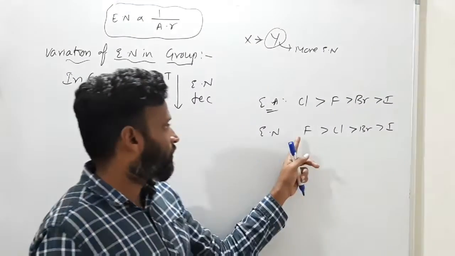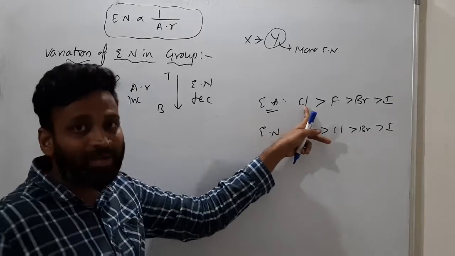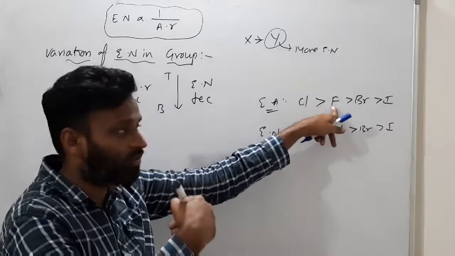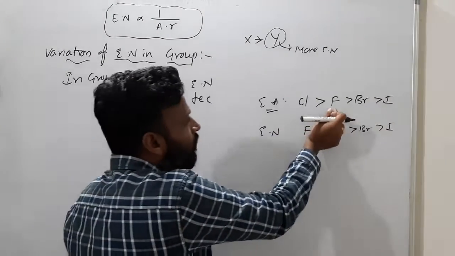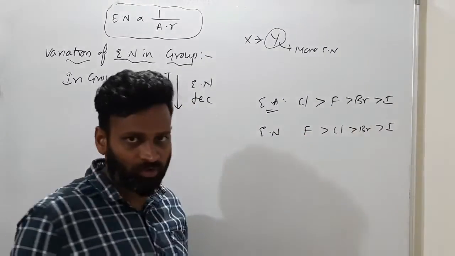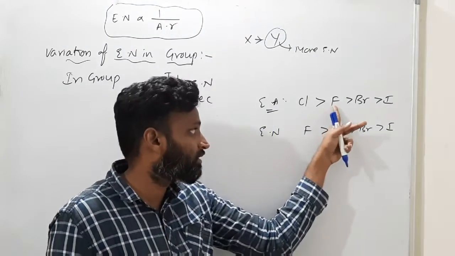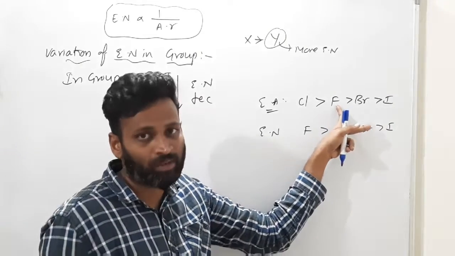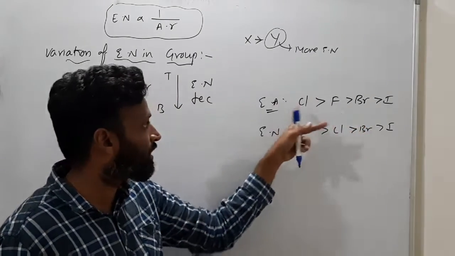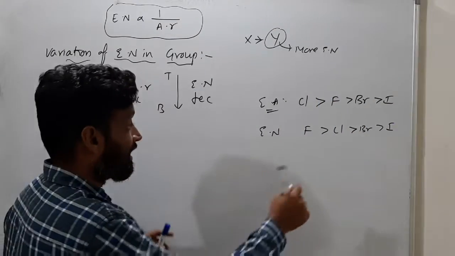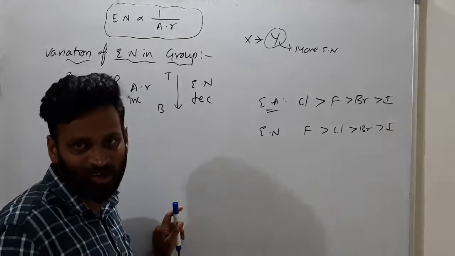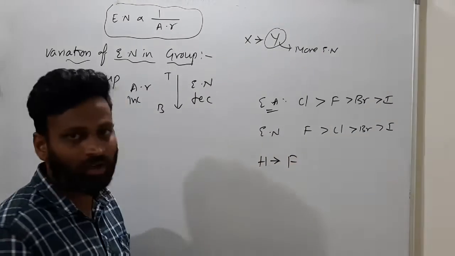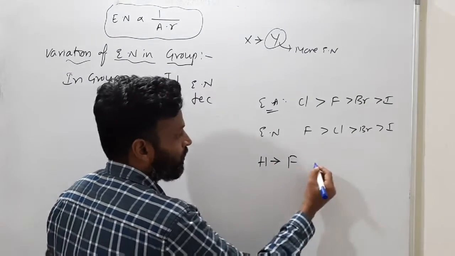Why is it? Because here chlorine takes an electron completely and forms Cl minus, and fluorine takes an electron forming F minus, but fluorine has a very small size. Electron repulsions are there. So to take an electron, it has to overcome some repulsions. That's why fluorine's electron affinity is small. But electronegativity is after formation of the bond. Between H and F, there is a simple attraction of the electron pair towards fluorine.